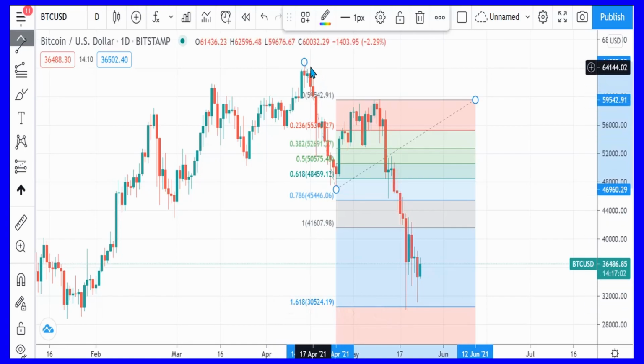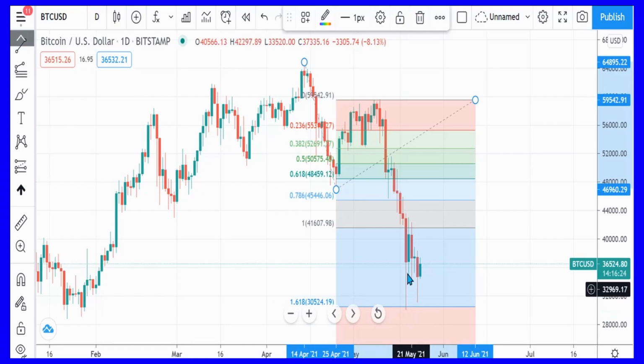If, for example, the sentiments of buyer and seller are equal, meaning both took equal time to pull down and push up the price, then we estimate the target to be at level 1. But if the seller is stronger, as we are seeing in this particular chart, where the price is pulling down in a very fast manner, with stronger seller sentiment, then we go for the Fibonacci level 1.618.